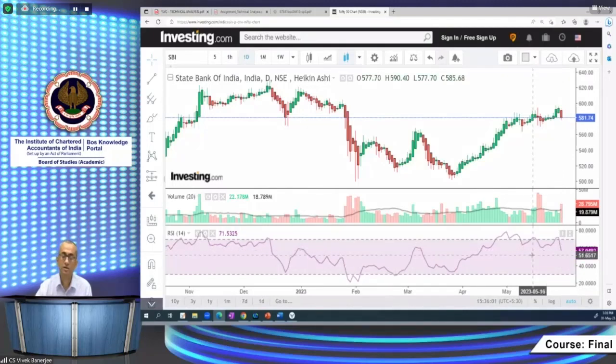So relative strength, you can say more or less okay. But earlier, in this phase, the stock market is showing an uptrend, volume is good, and relative strength is also good. So as per the technical analyst, it is showing a strong buy signal.